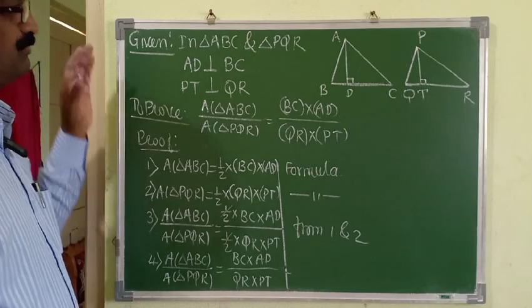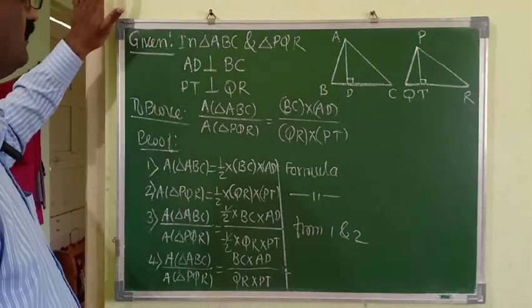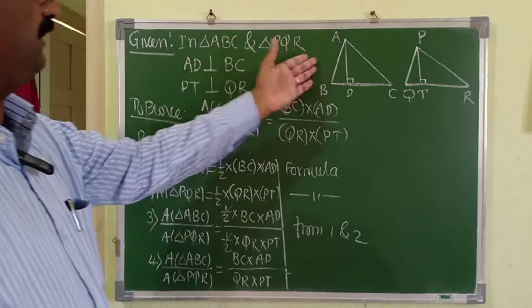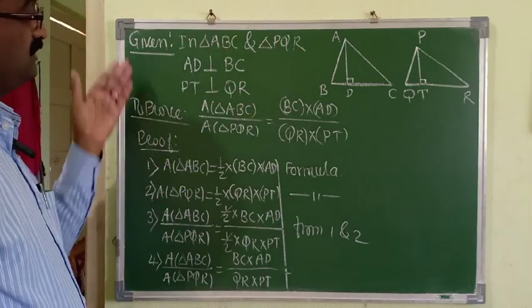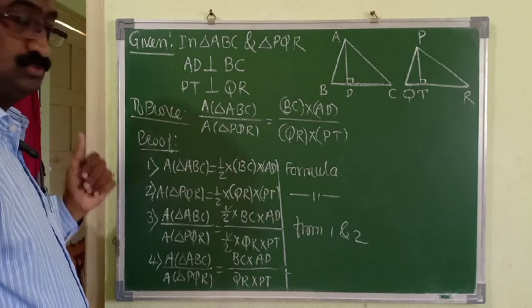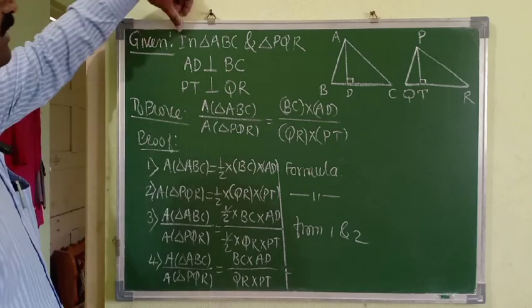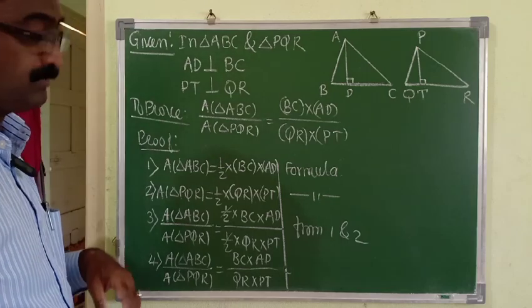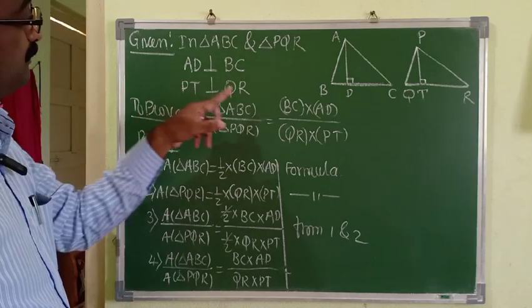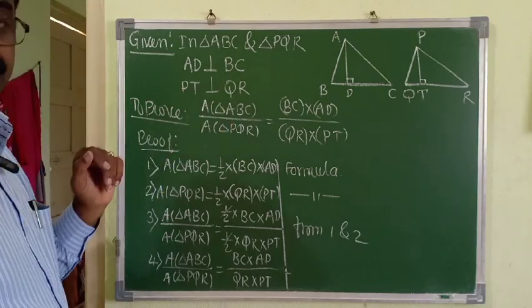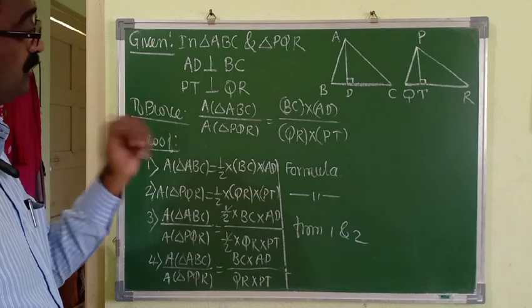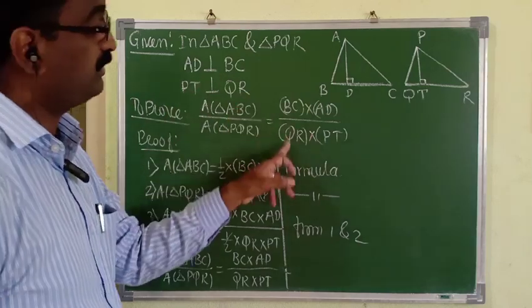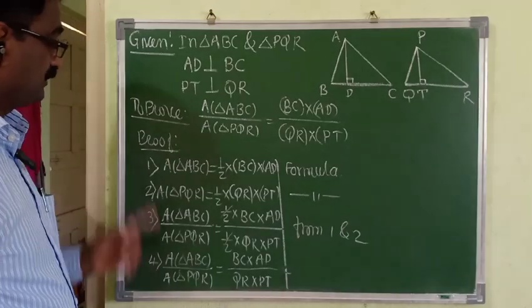We have written the property, that statement. After that, draw this figure in this manner. Write down this one. Given to prove, given in triangle ABC and triangle PQR, AD is perpendicular to BC, PT is perpendicular to QR. To prove, area of triangle ABC upon area of triangle PQR is equal to BC into AD upon QR into PT.